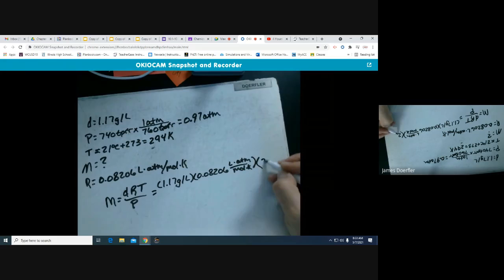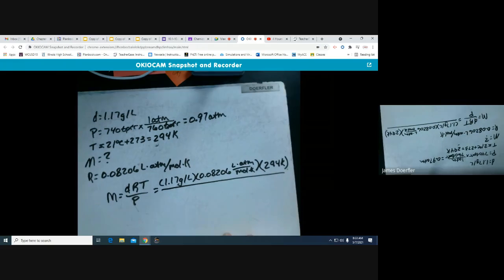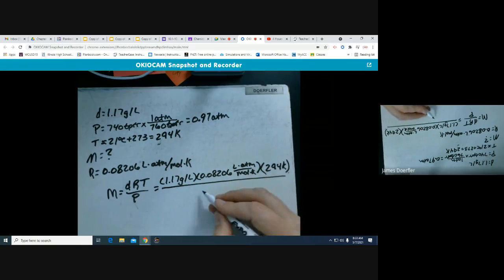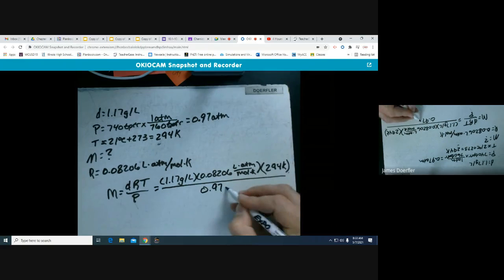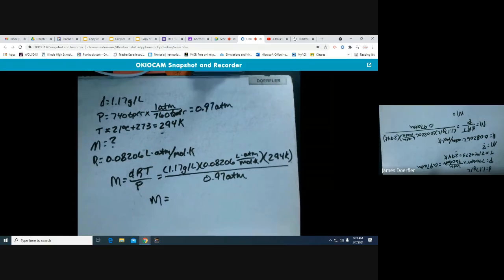And our temperature was 294 Kelvin. And all that will be divided by our pressure of 0.97 atmosphere. So again, I always appreciate some double checking of work.